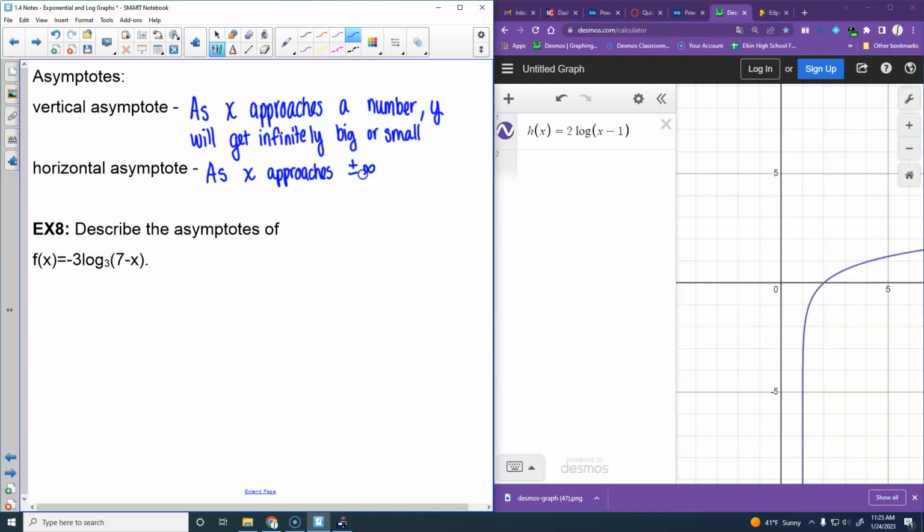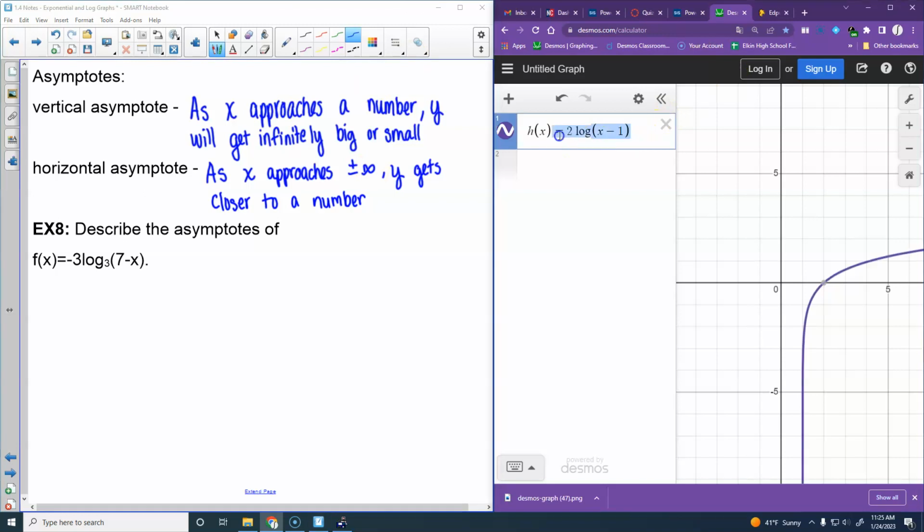This kind of switches for your horizontal asymptotes as x approaches positive or negative infinity. So as your x gets bigger and bigger and bigger, or smaller and smaller and smaller, you will see y gets closer to a number. Sometimes I think the definitions are less helpful than just looking at the graph.